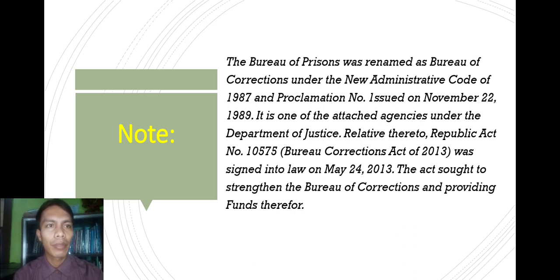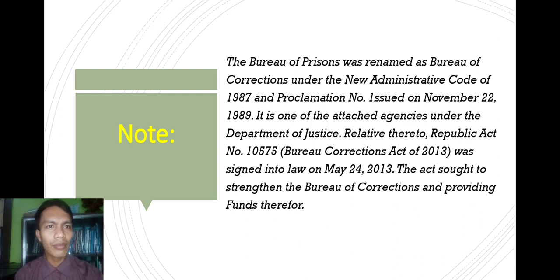guys, the Bureau of Prisons was renamed as the Bureau of Correction under the new Administrative Code of 1987. Before, the name was Bureau of Prisons. But due to the new Administrative Code of 1987 Proclamation issued on November 22, 1989, it is one of the attached agencies under the Department of Justice.